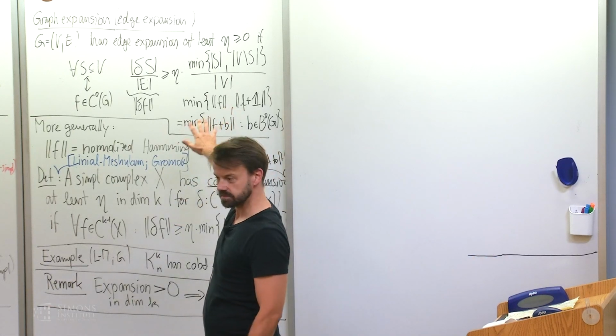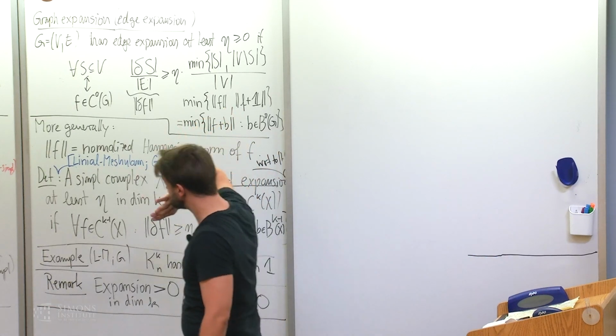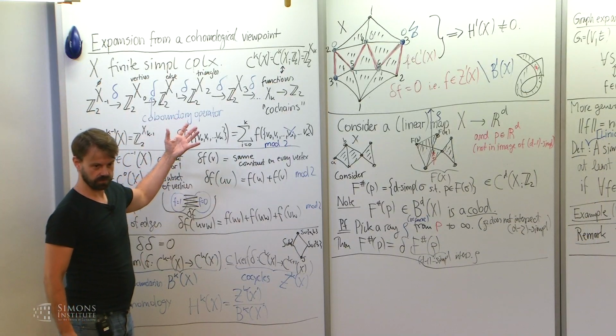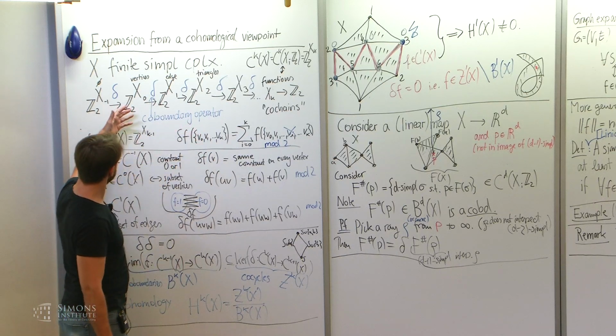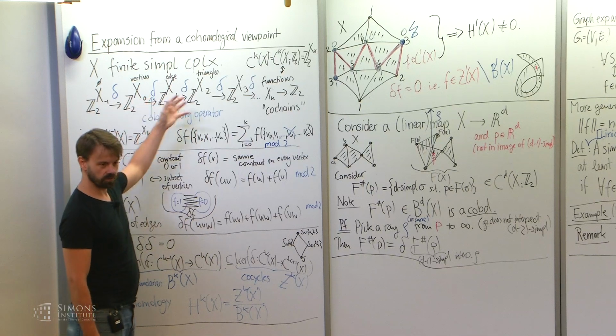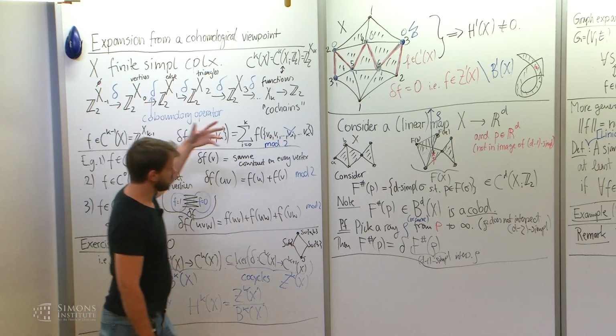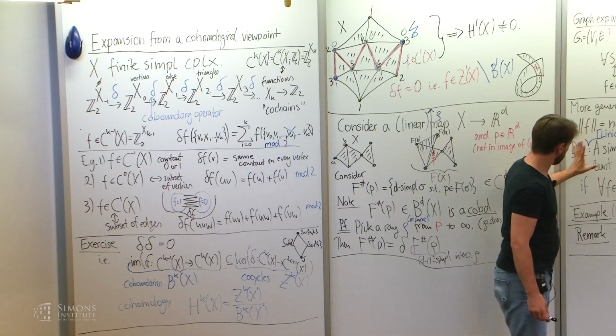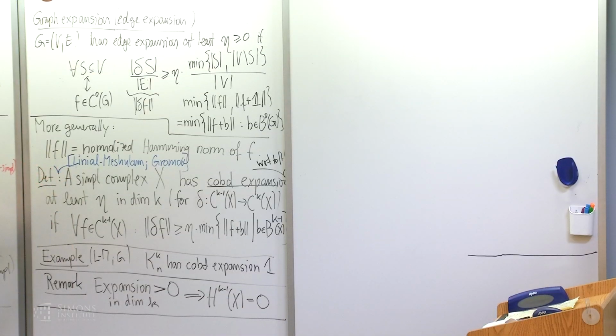Okay, so we define this for a simplicial complex. But if you look at the definitions, we don't really need a simplicial complex or anything. All we need is that we have vector spaces over Z2. We have something that we call a coboundary map. And we have some notion of sizes. And the expansion just says that we need at least 3 vector spaces. We look at the middle one. We look at coboundaries of things in the middle one.